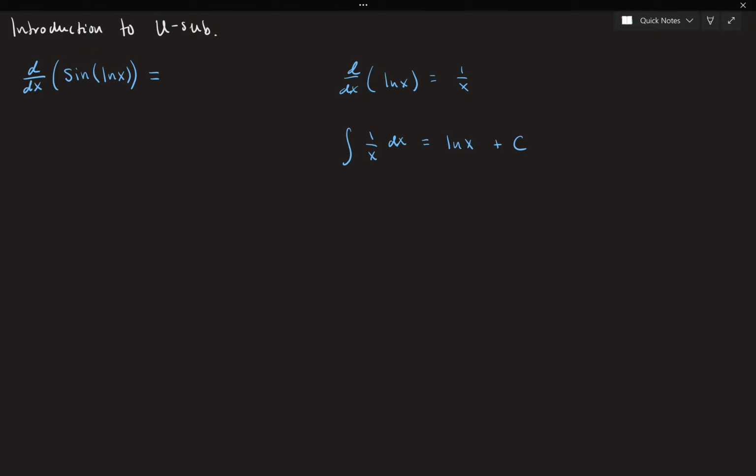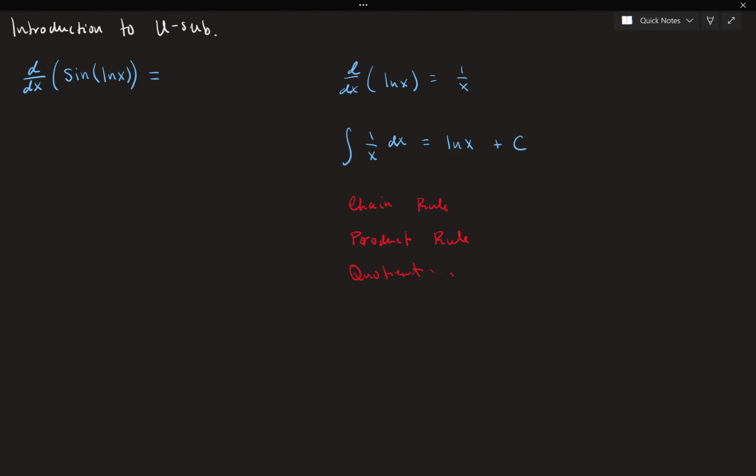So, if derivatives and integrals are opposites of each other, then all of the rules that you have for derivatives should also have opposites. You have chain rule, you have product rule, you have quotient rule. So the answer to that is not as obvious as it seems.